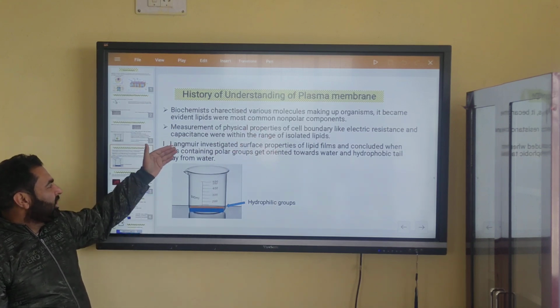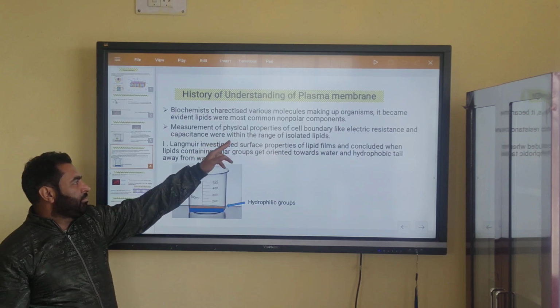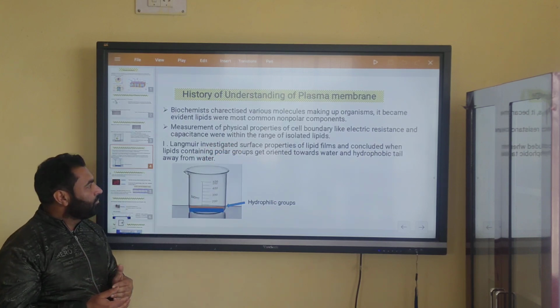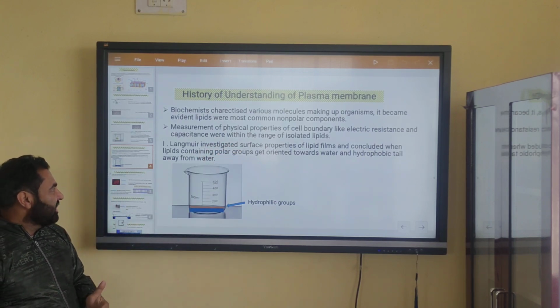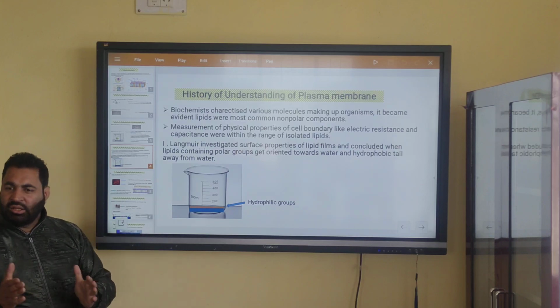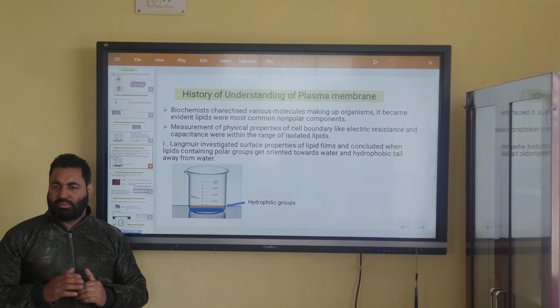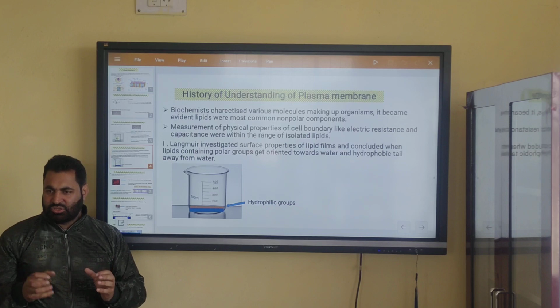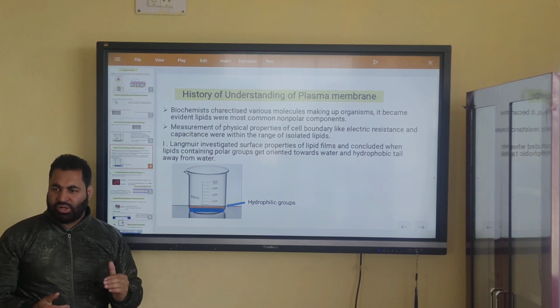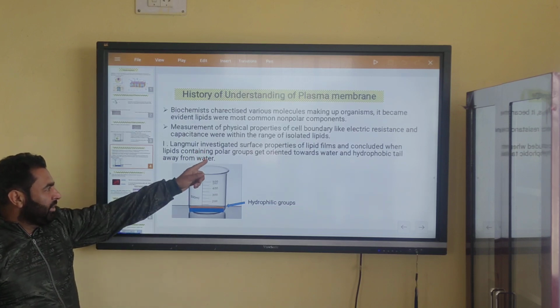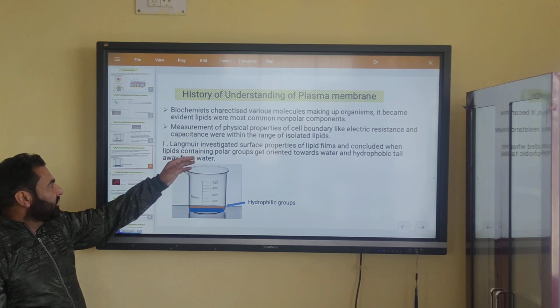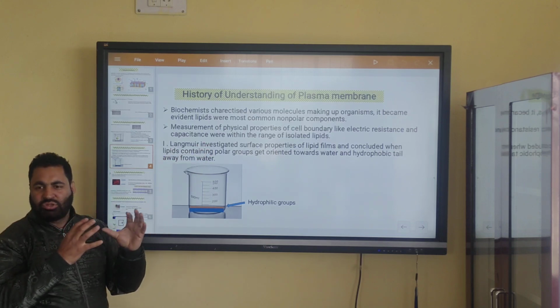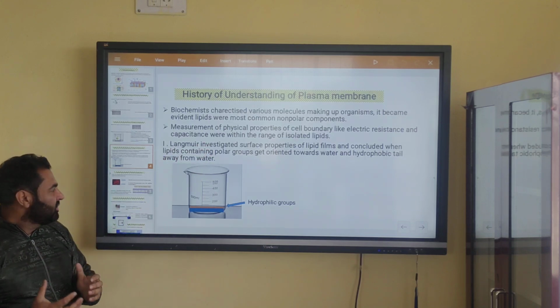And then some other measurements were done, like physical property measurements of the cell boundary, such as electric resistance and capacitance, and those were in the range of isolated lipids. So lipids as well as this boundary have these physical parameters, and so their chemical composition should be almost similar.